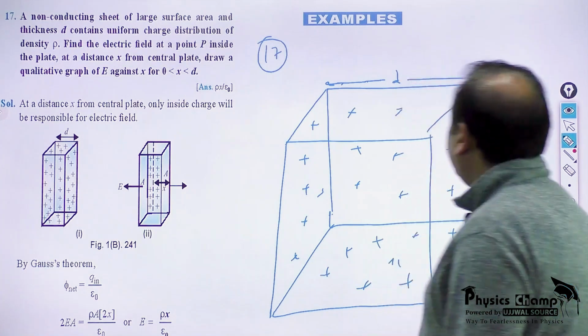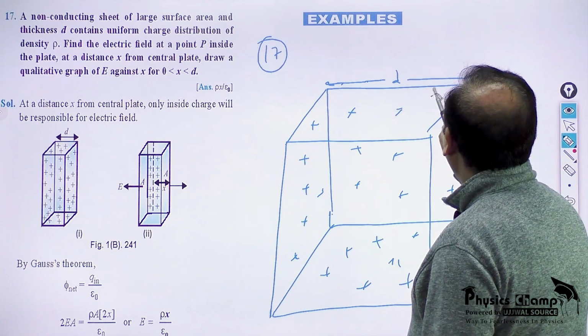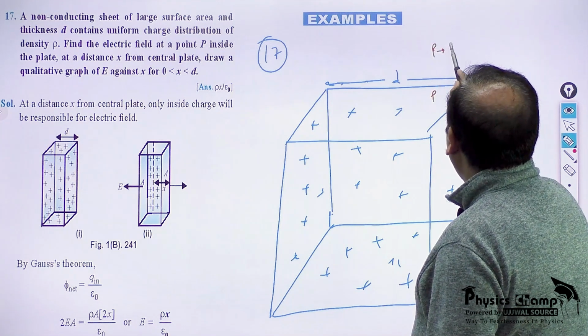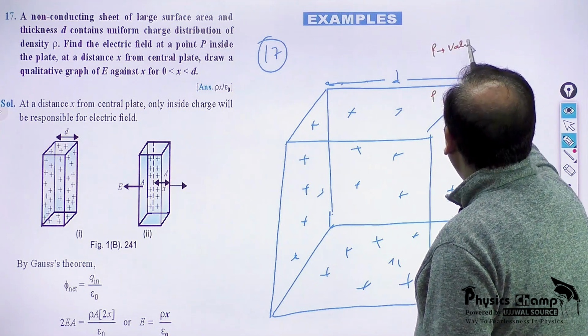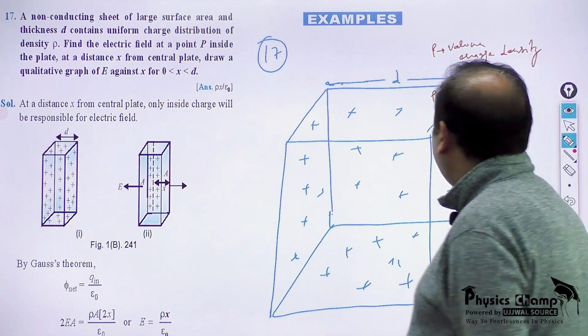It has a charge distribution, charge density rho. So it has a volume charge density which is rho. Find the electric field at a point inside the plate.